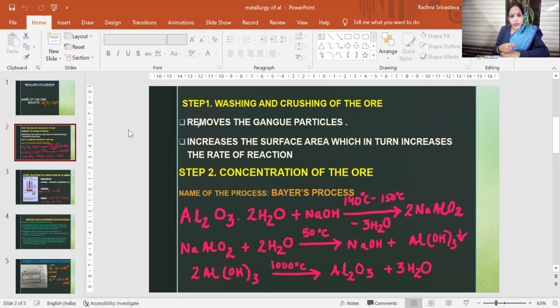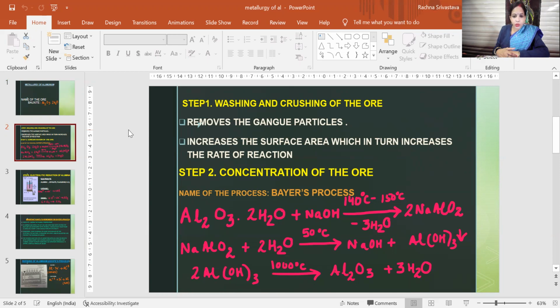Because you have increased the surface area, the rate of reaction also increases. So the significance of crushing the ore is that it increases the surface area, which in turn increases the rate of reaction.